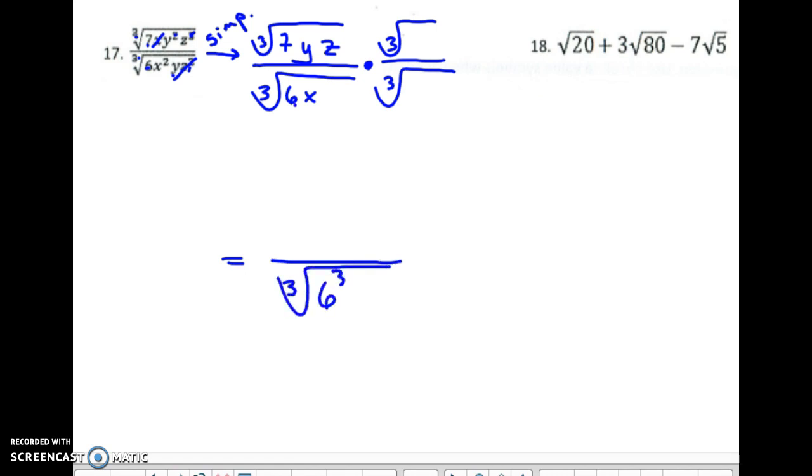We need to have 6 cubed and x cubed. Well, to go from 6 to the 1 to 6 to the 3rd, we need 2 more factors of 6. And from x to x cubed, we need 2 more factors of x. Whatever we do on the bottom, we do on the top.